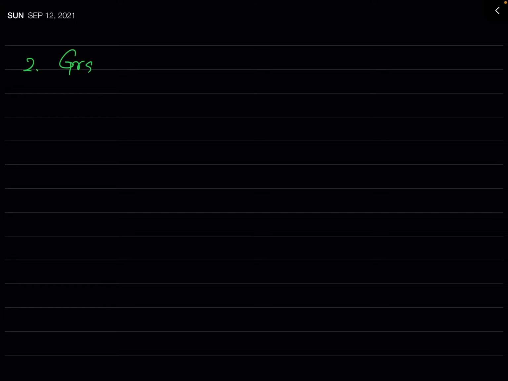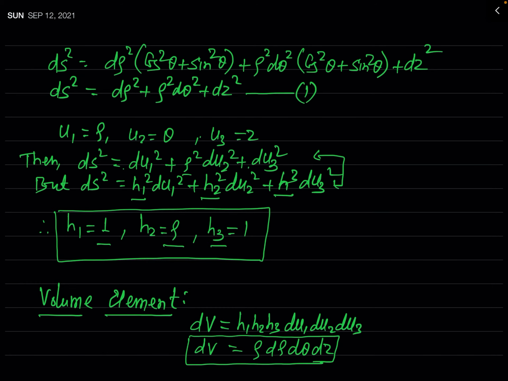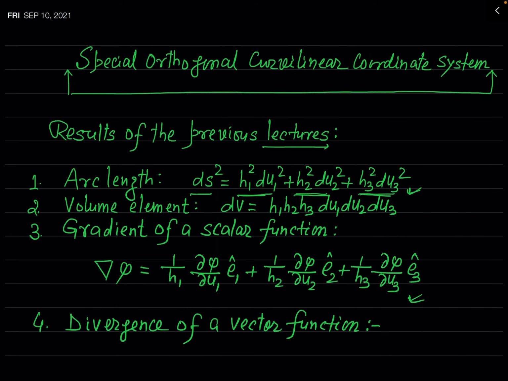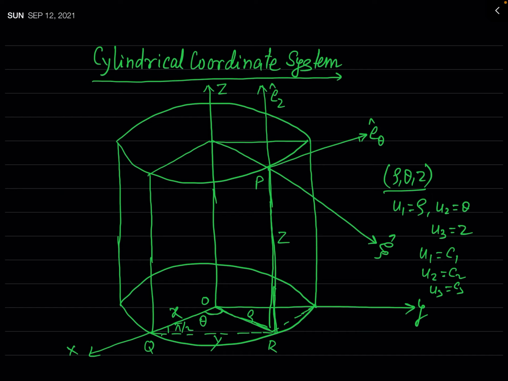How will the gradient be defined in the cylindrical coordinate system? You can see the general expression for the gradient of a scalar function in an orthogonal curvilinear coordinate system. I have mentioned it here, and you have already studied these things in your previous lectures. In this case, we consider three orthogonal unit vectors along the increasing directions of rho, theta and z.